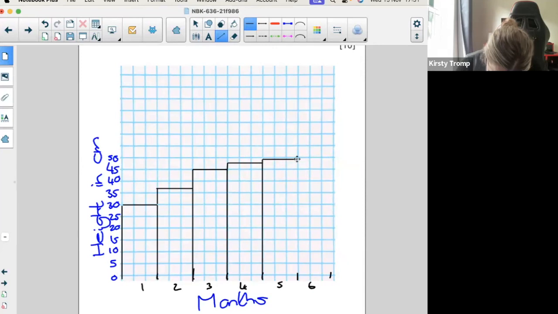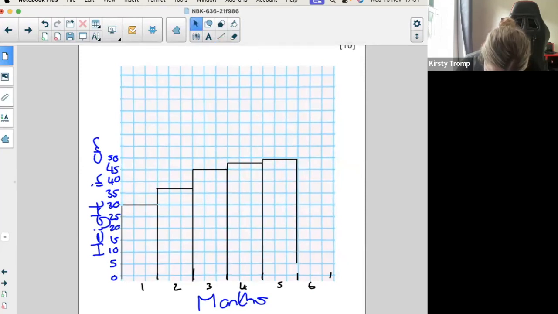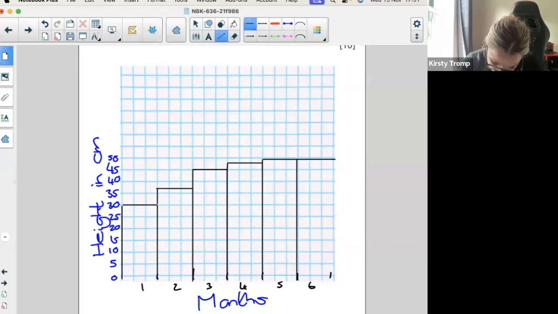So it's not quite on the line. Oh, dear. Not quite on the line, but there it is. And the last one that we've got is month 6, not quite on the line again. And going down there.